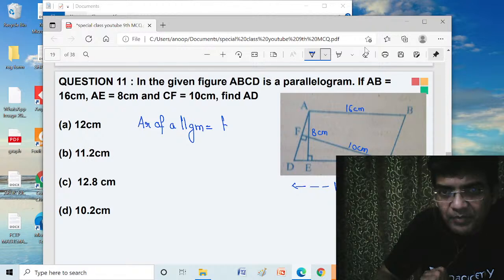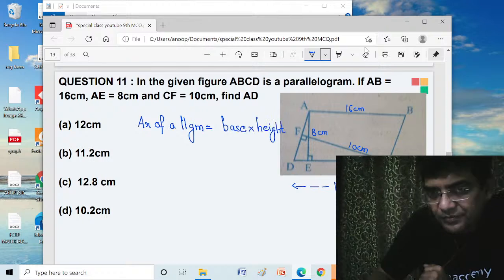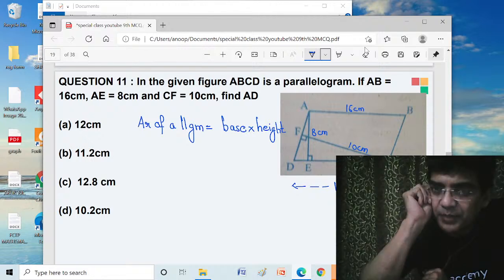So here you can see AE is a perpendicular on the side DC. So we can say that AE is the height and DC is the base. Remember, on whichever side a perpendicular is dropped, that side is known as the base.